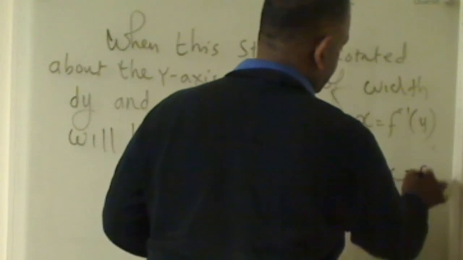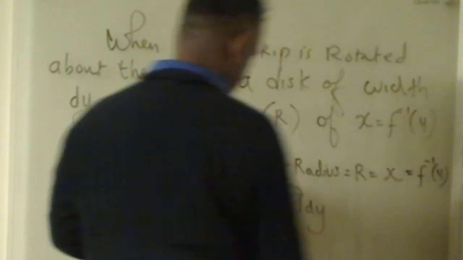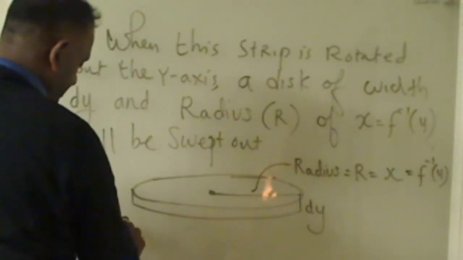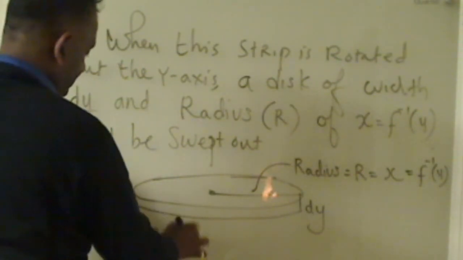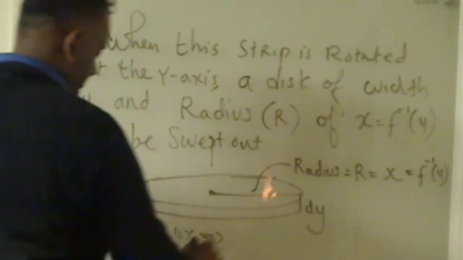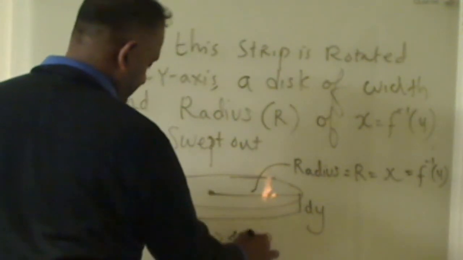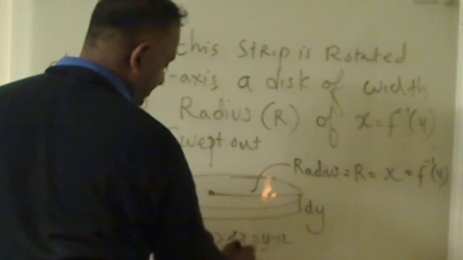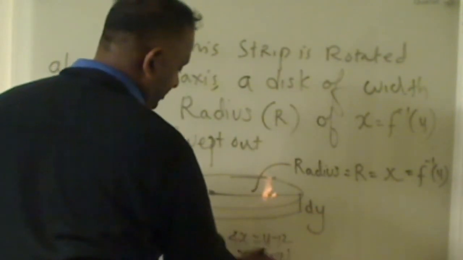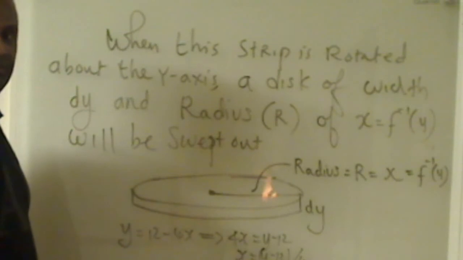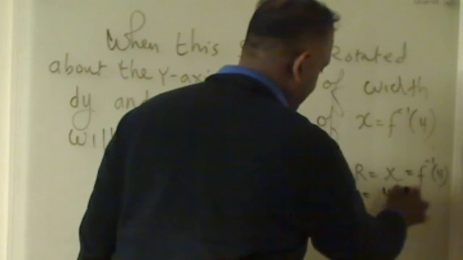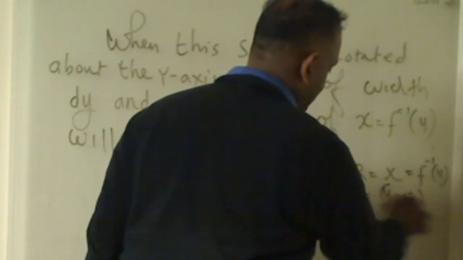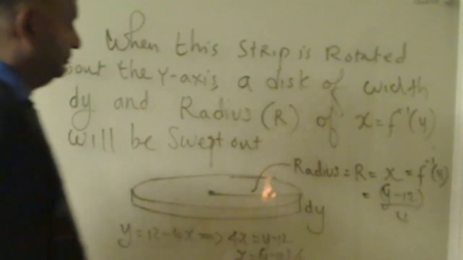That's the inverse function of y, which is coming from y equals 12 minus 4x. We can easily get x from here: 4x equals y minus 12, therefore x equals y minus 12 whole thing divided by 4. So x is in terms of y minus 12. Very easy.